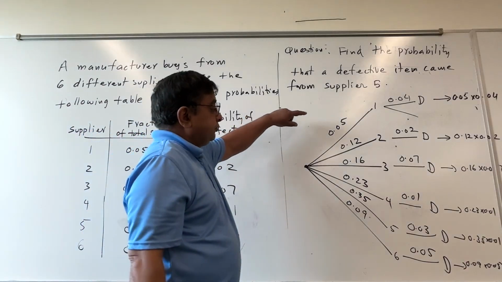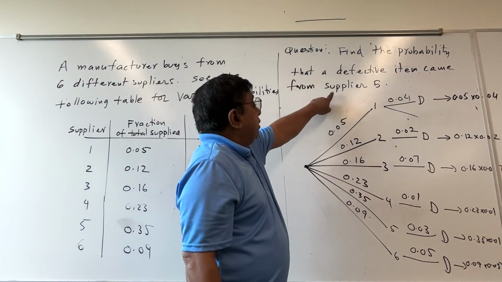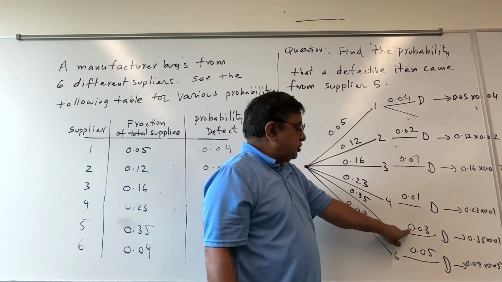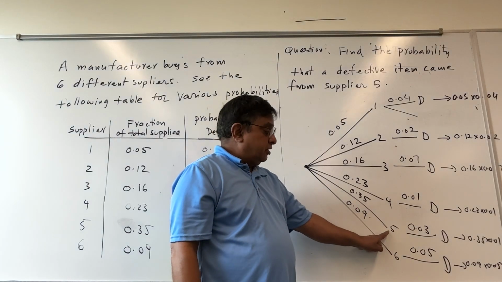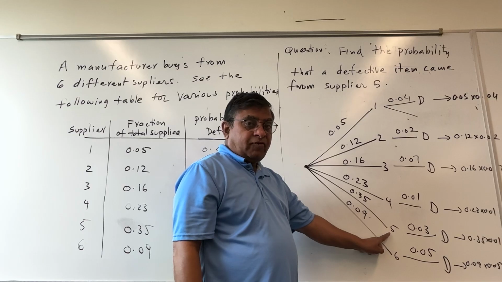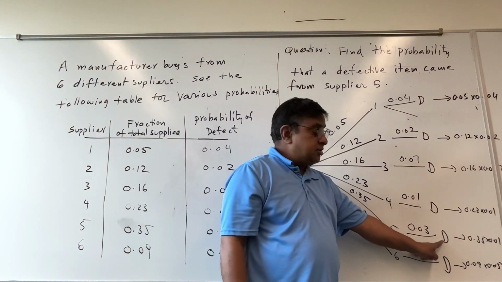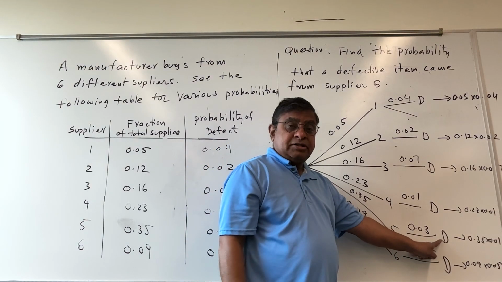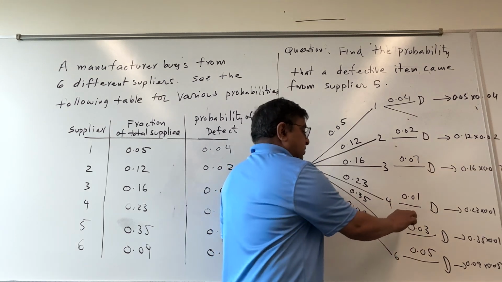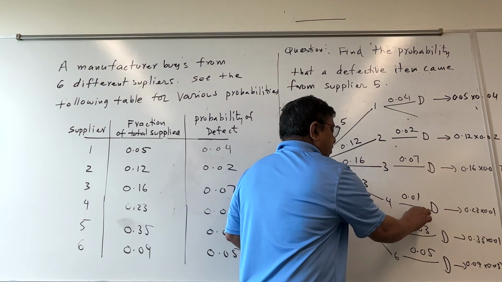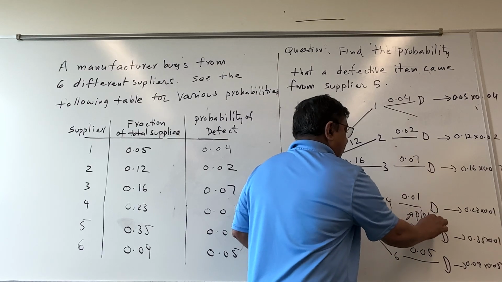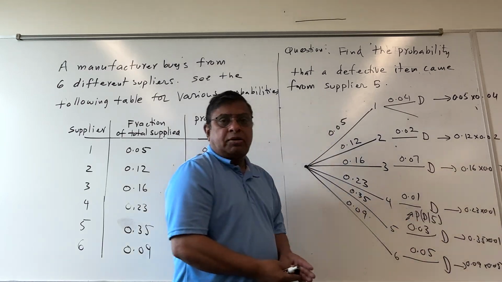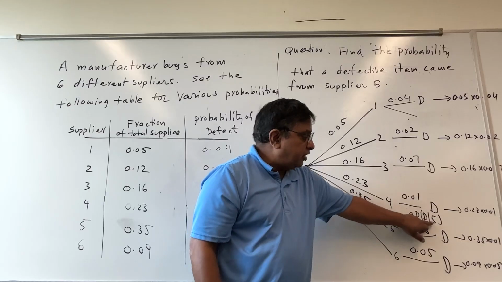Now, if you look at this one, this 0.03 is, given that it came from supplier 5, the probability that the item is defective. So this probability is really P of D given 5. Probability of D given 5.